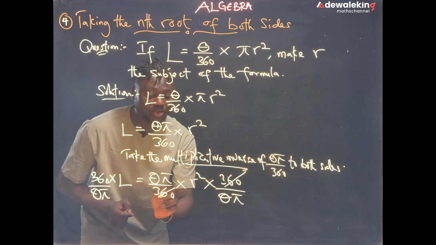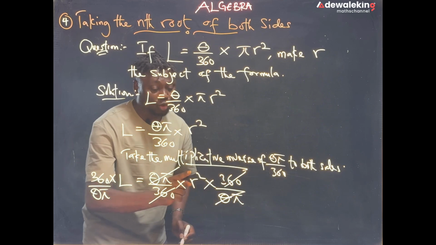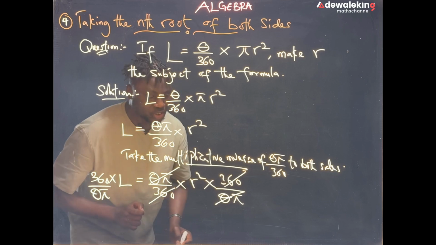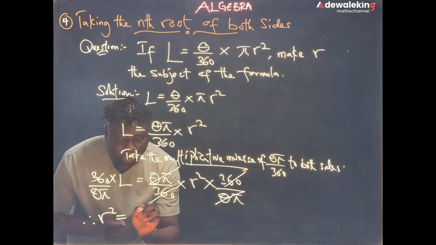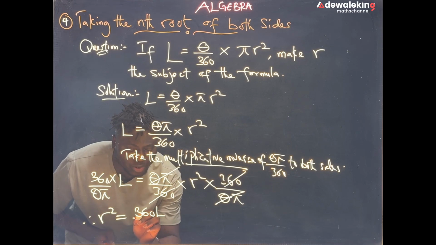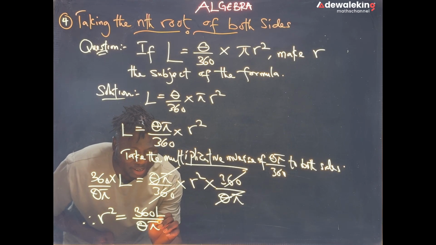So this will cancel this, this will cancel this. So we are left with r squared. So r squared is equal to 360 L over theta pi.